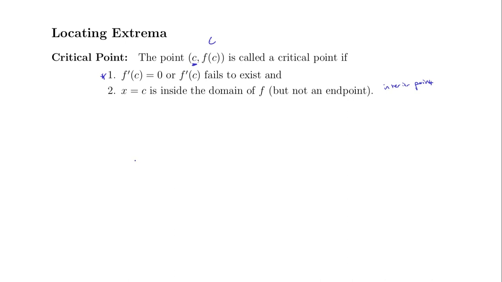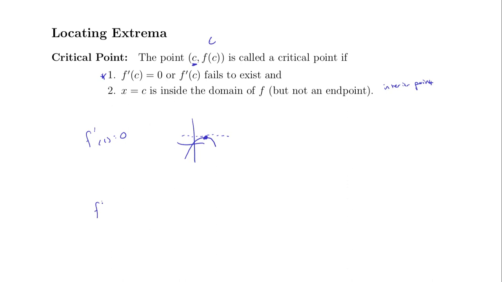We hopefully know a little bit about what that looks like visually. Hopefully we remember that the derivative equaling 0 is really like a horizontal tangent line. So it could be something like that.